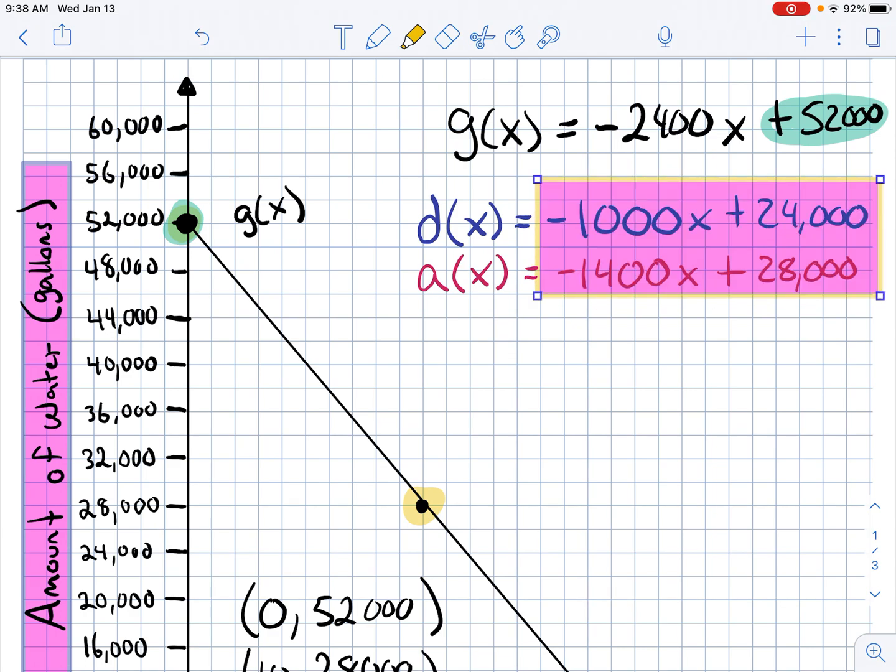So right here, if I add that together, that equals g of x. So g of x equals minus 1,000x plus 24,000 minus 1,400x plus 28,000.